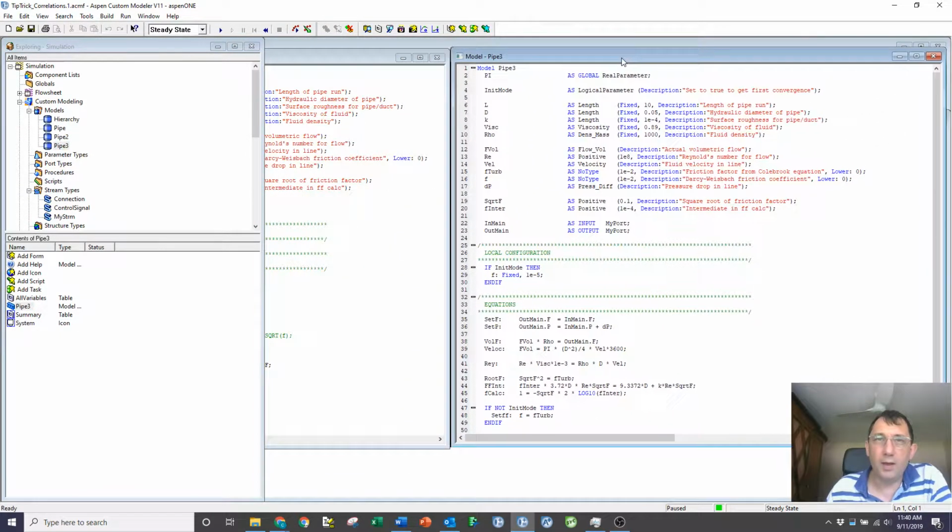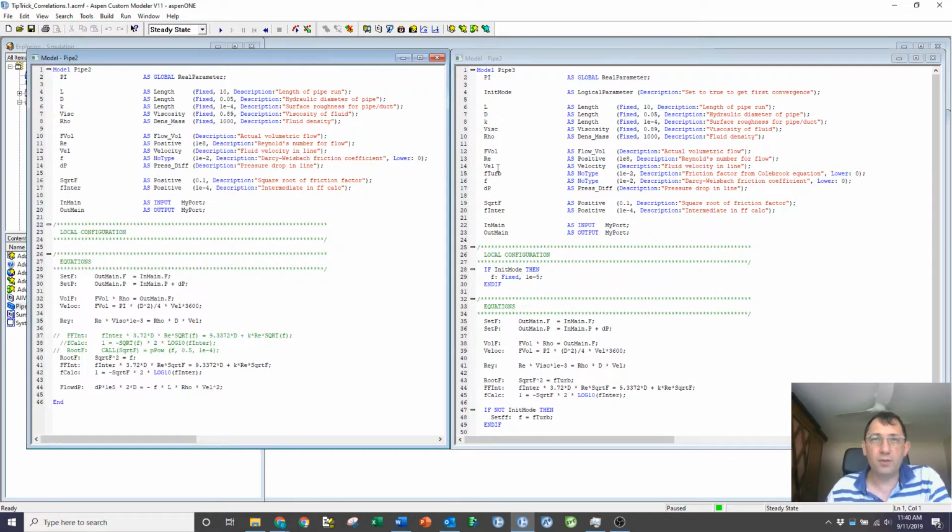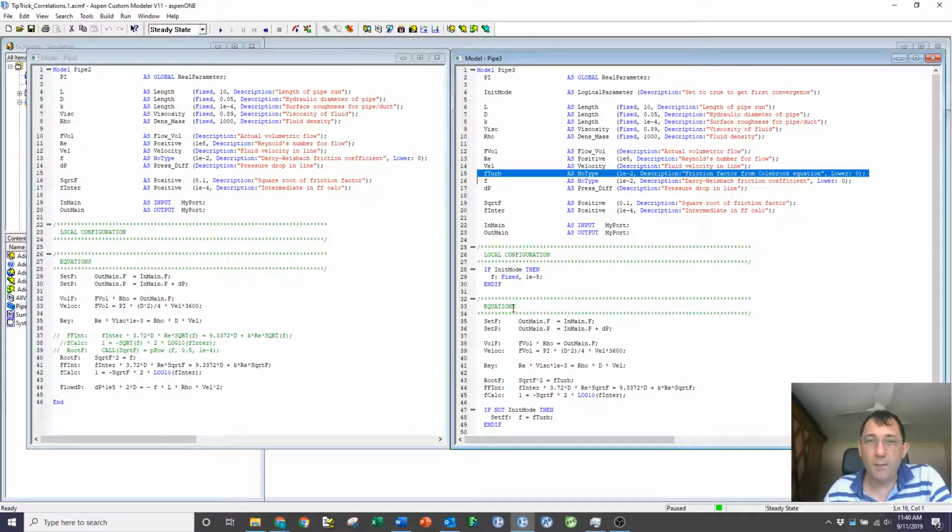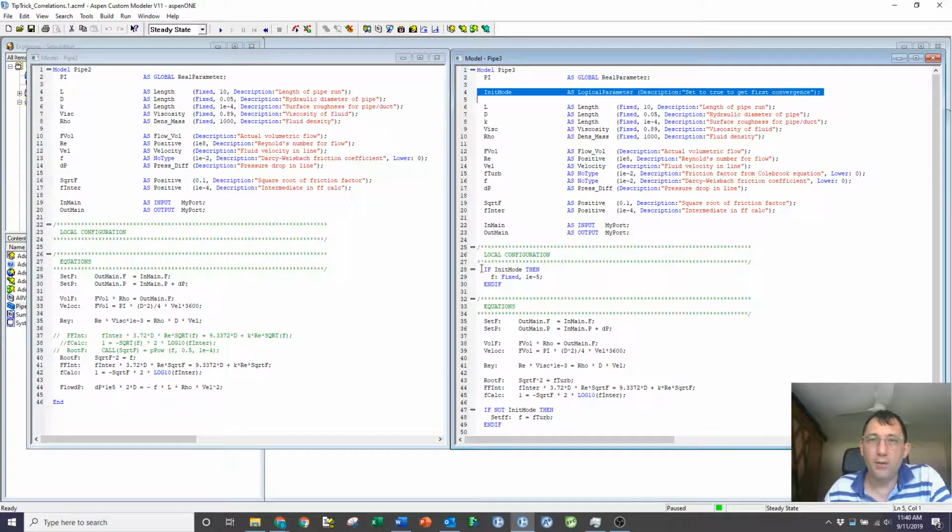What I did was I created this Type 3 version of the model, and what I've done here is I've added another intermediate variable, F turbulent, and then I've given myself this initialization mode, so that if I say initialization mode is true, I'm going to fix my F, and then I'm going to calculate F turbulent, but not use it for anything.